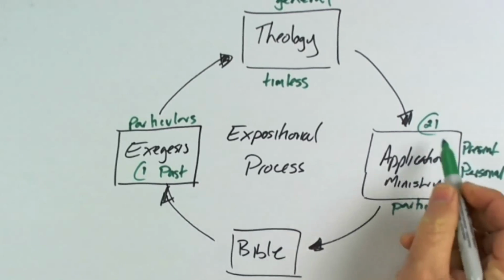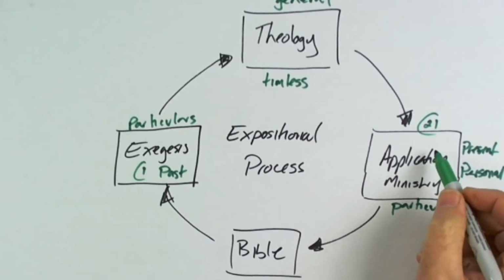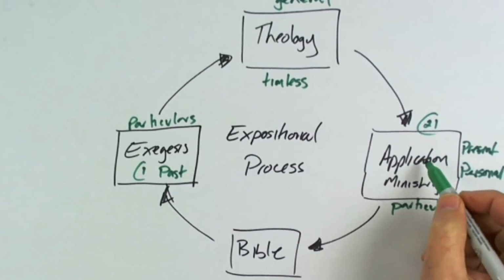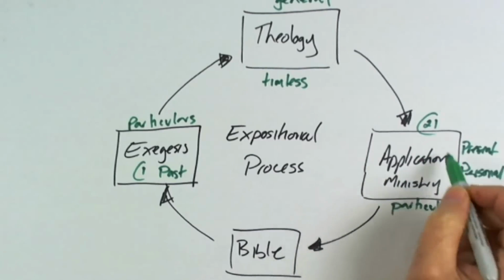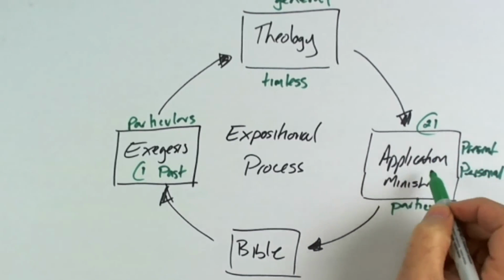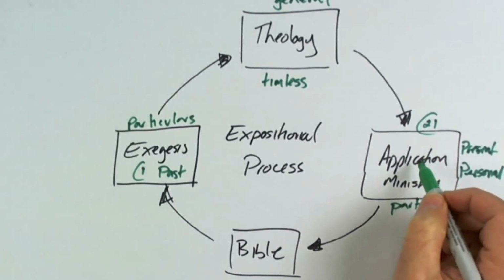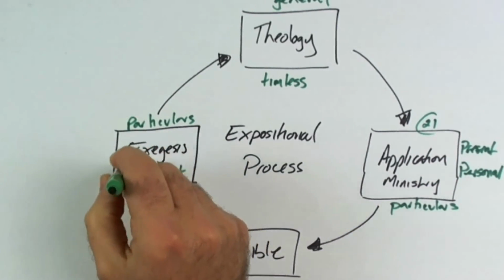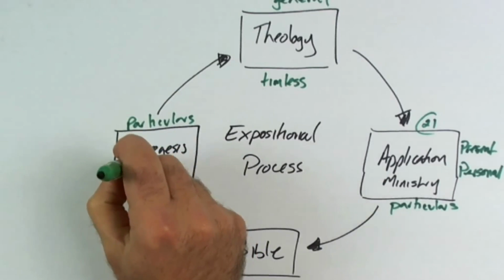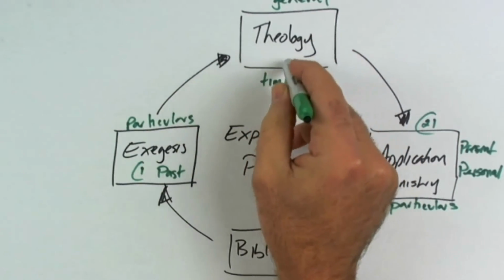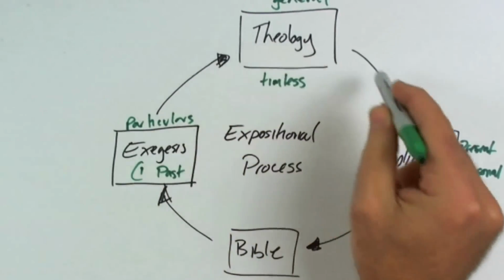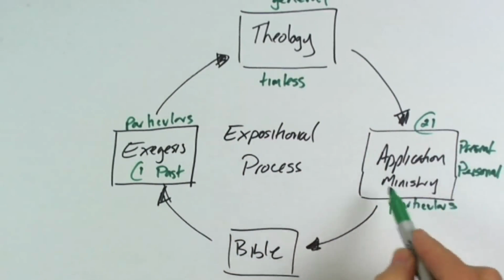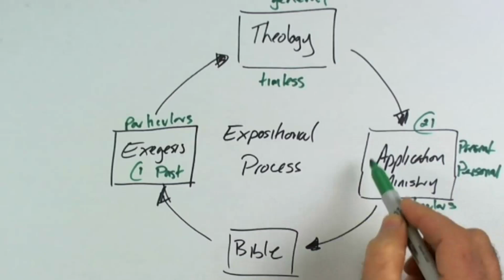So here, at this stage, you would talk about God and us, and we and our. In our culture, you'd be talking about 21st century living, if you like. So the expositional process goes from the particulars of the text in its context to the general theological principles that derive from that text, and then back into the particulars of our current situation.